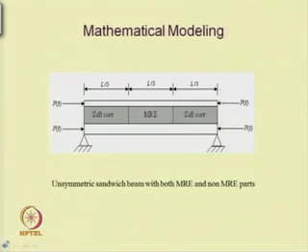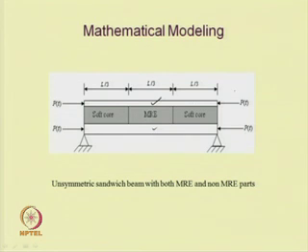You can derive the equation of motion for a sandwich beam, where these are the skins and this is the core. In the core one can use a viscoelastic or elastic material, and also a magnetorheological elastomer. By taking different properties and forces, one can derive the equation of motion.